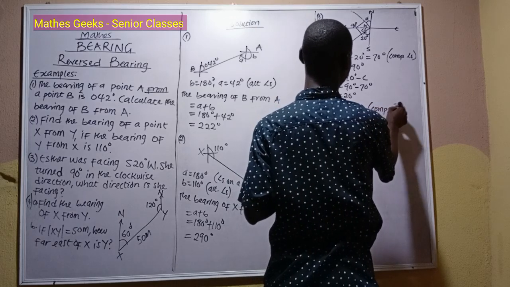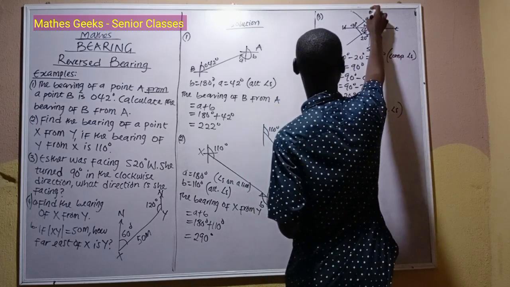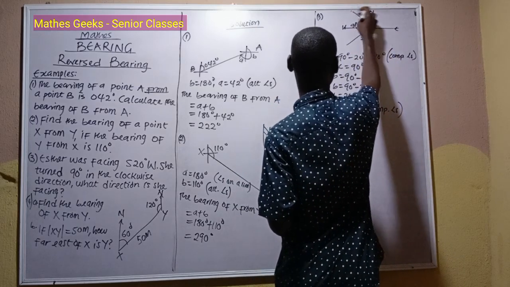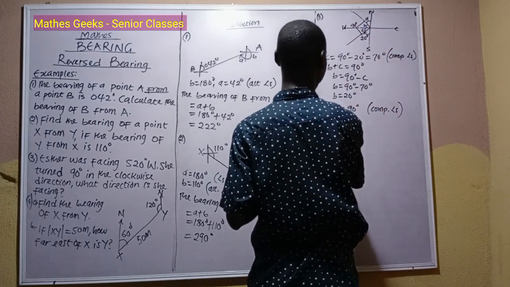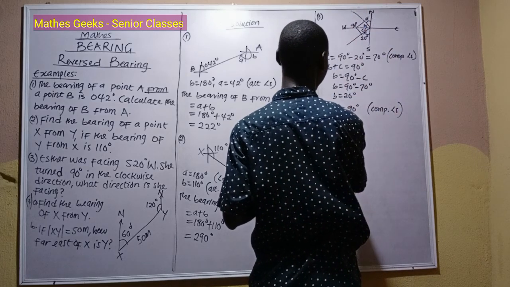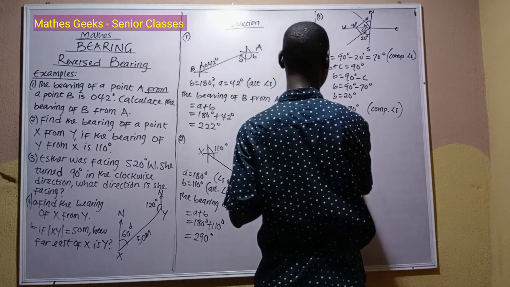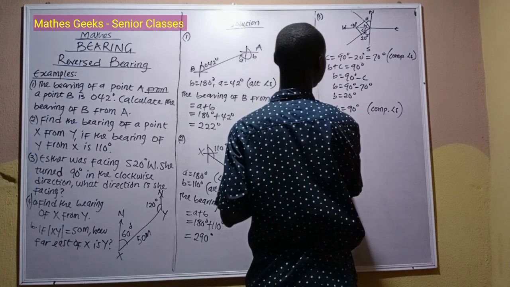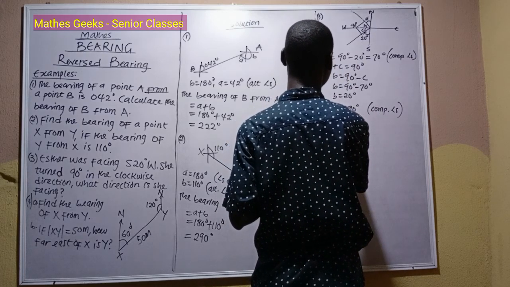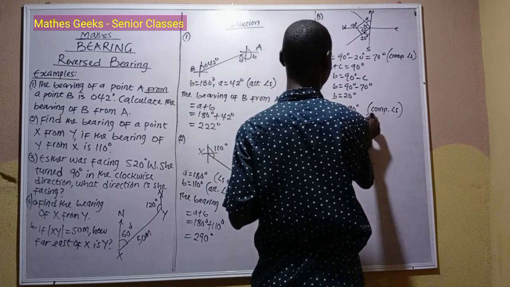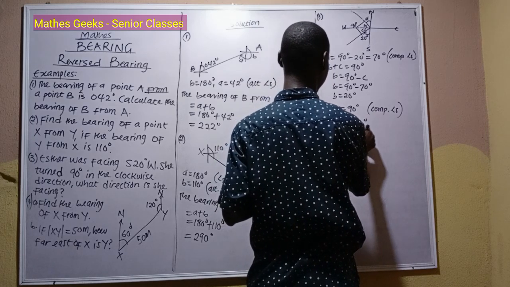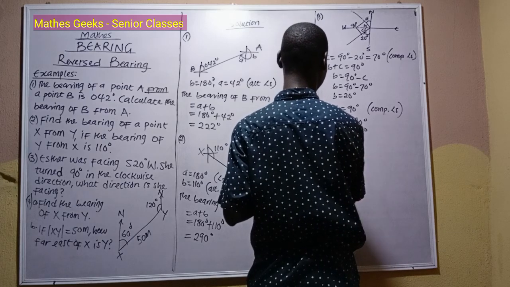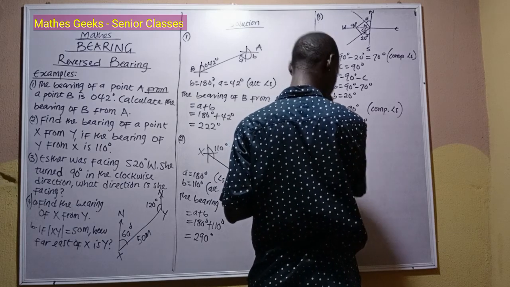Complementary angles, that's this first quadrant, northwest, that's 90 degrees here. So the sum of A plus B is 90 degrees, of which we already know what B is. A plus 20 degrees is equal to 90 degrees. A is equal to 90 degrees minus 20 degrees, and that A will give us 70 degrees.